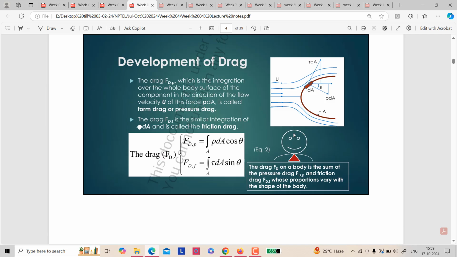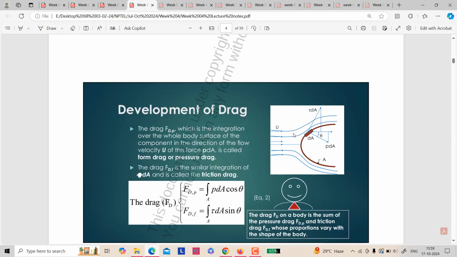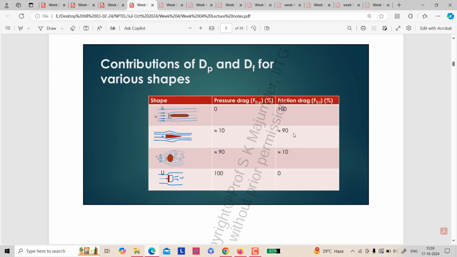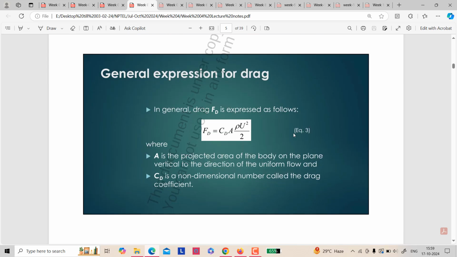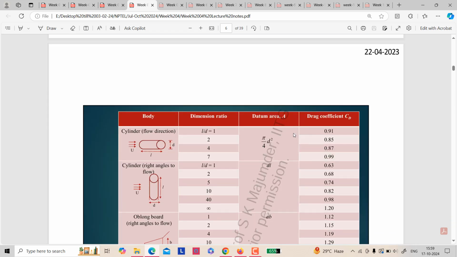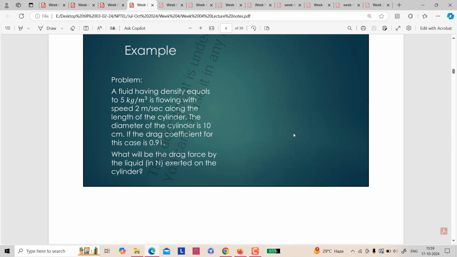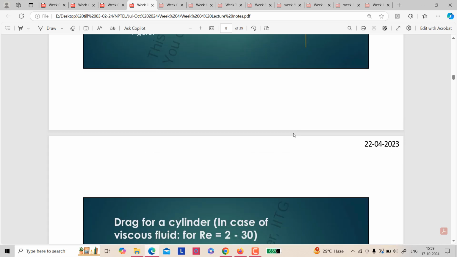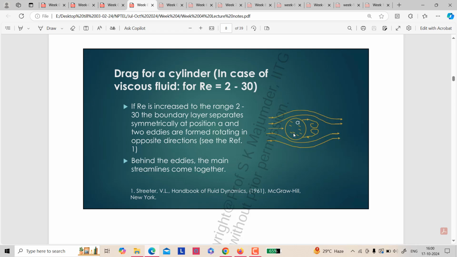How the drag force on a particle is increased is measured here, with contributions of the frictional drag and pressure drag. This is a general expression of drag force, from where we will be able to calculate the drag for a cylinder and ultimately the pressure drop.